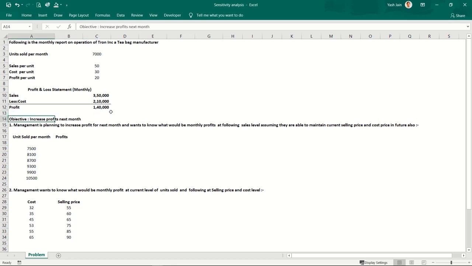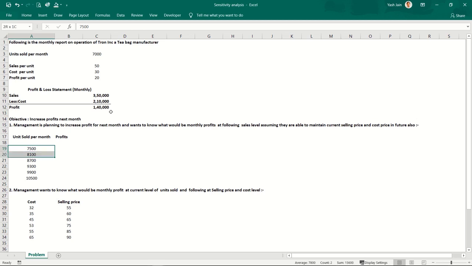So let us read this. Management is planning to increase profits for next month and wants to know what the monthly profits would be at the following sales levels, assuming that they are able to maintain the current selling price and cost price in future also.